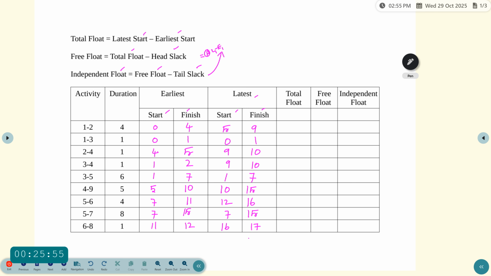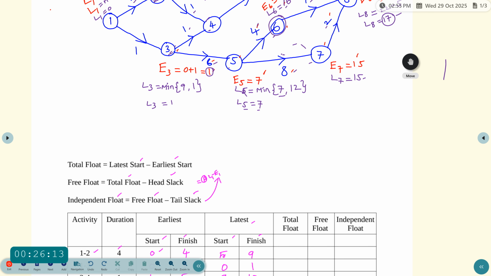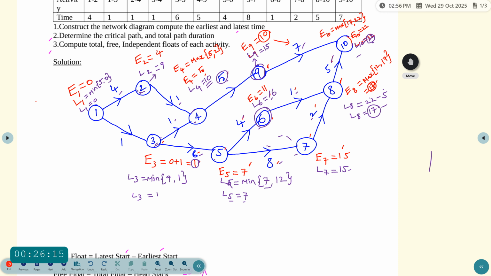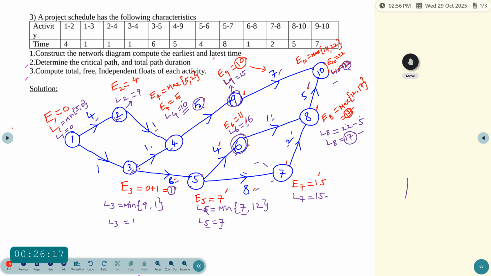So now the first activity, which is activity 1 to 2, and then duration 4. You already know every activity starts with the first event, which is 0, already known in your figure. So every activity starts with 0.